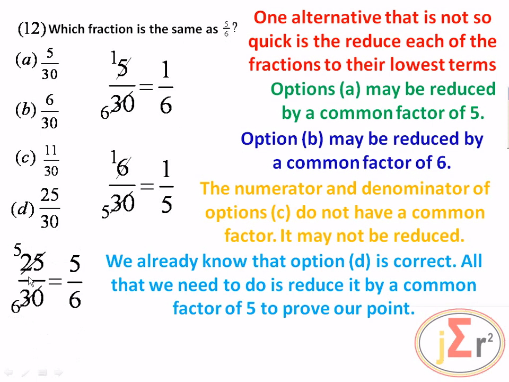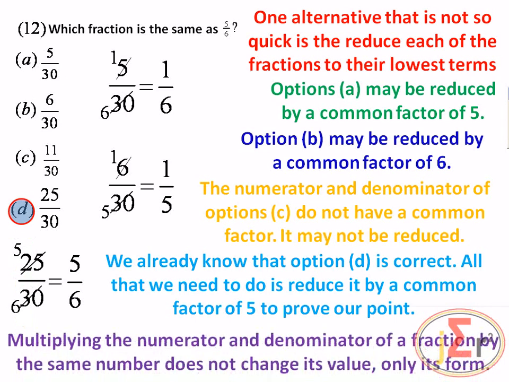The one that we reduced to give 5/6 is option D, and option D is therefore correct. Multiplying the numerator and denominator of a fraction by the same number does not change its value, only its form. Also, dividing the numerator and denominator of a fraction by the same number does not change its value, only its form.